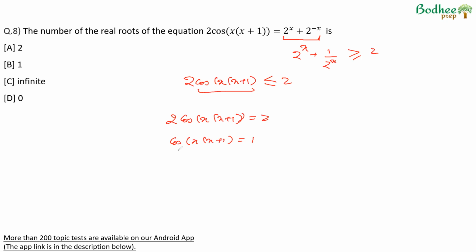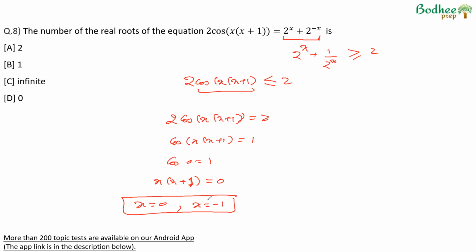And we know that cos 0 is equal to 1. That means x into x plus 1 should be 0. Which means either x is equal to 0 or x is equal to minus 1. Number of real roots of the equation.